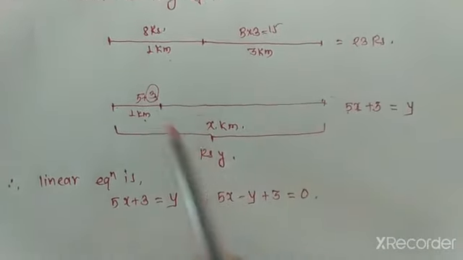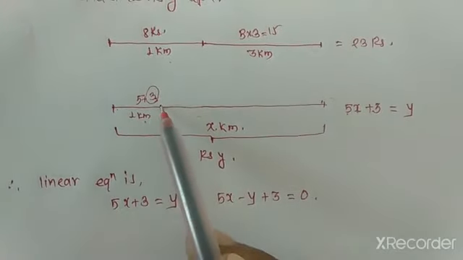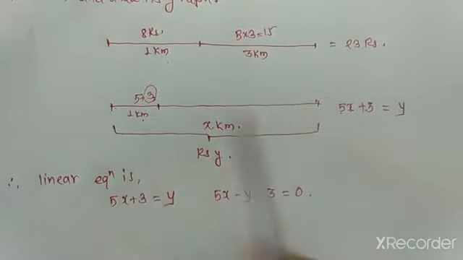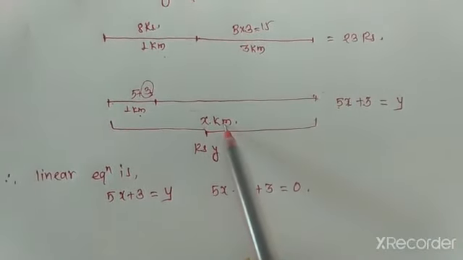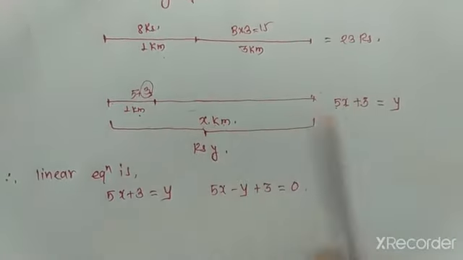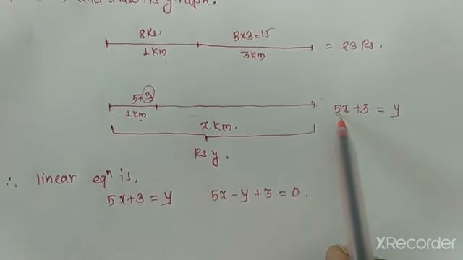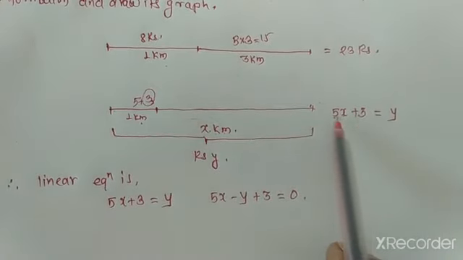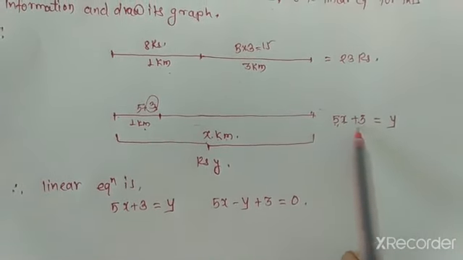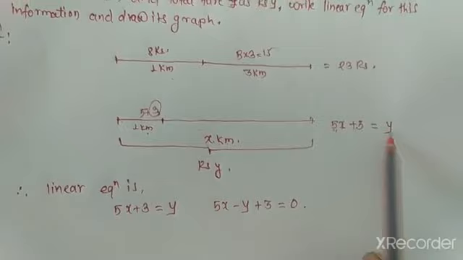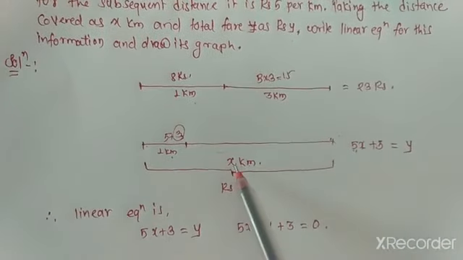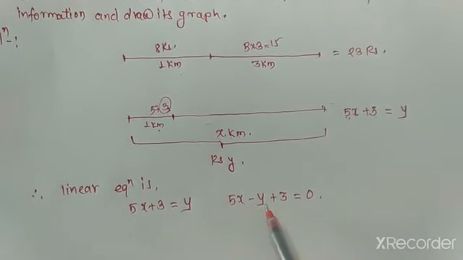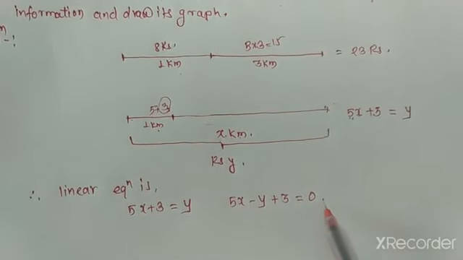You only have to consider that for the first kilometer he takes 8 rupees, so we write it as 5 plus 3, and the total distance is x kilometers. So 5 into x, plus 3 rupees for the first kilometer, gives 5x plus 3 equal to y, that is 5x minus y plus 3 equal to 0.